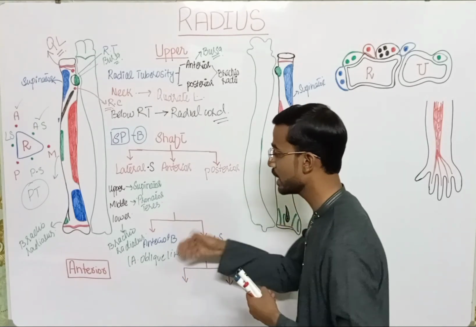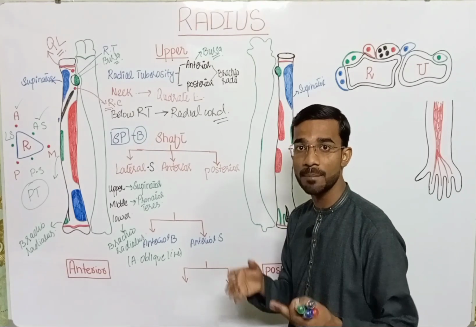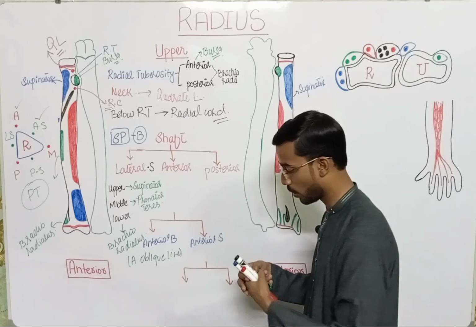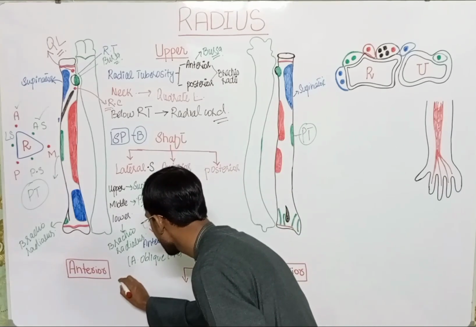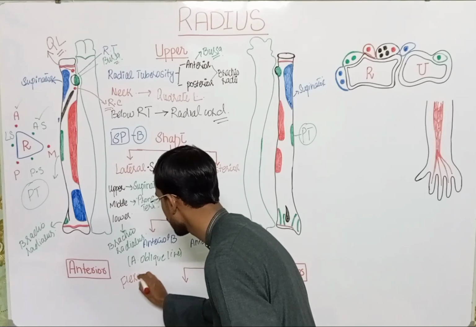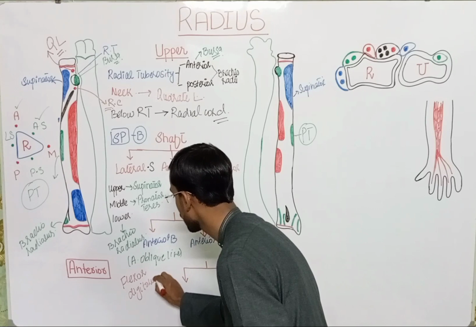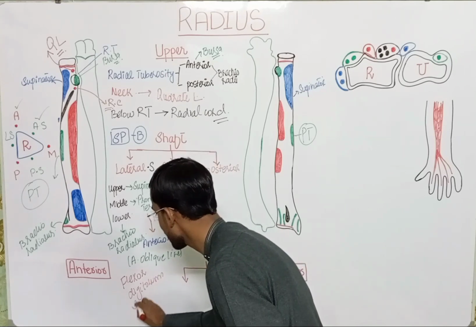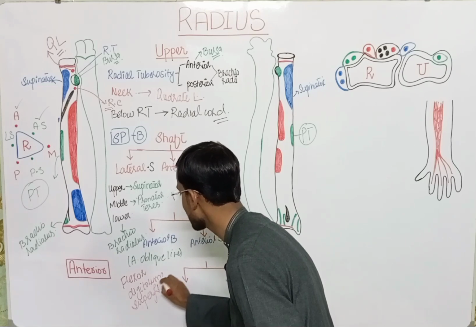So what muscle is present at this point? You will see the Flexor Digitorum Superficialis muscle. You see here at that side you will see the Flexor Digitorum Superficialis muscle.